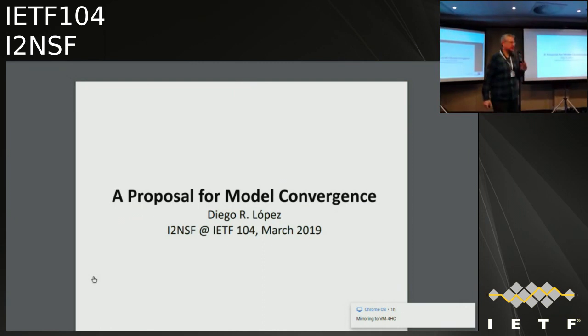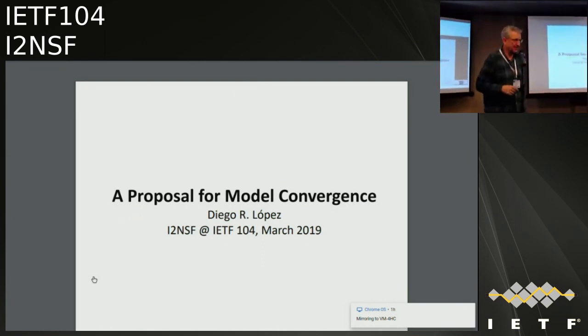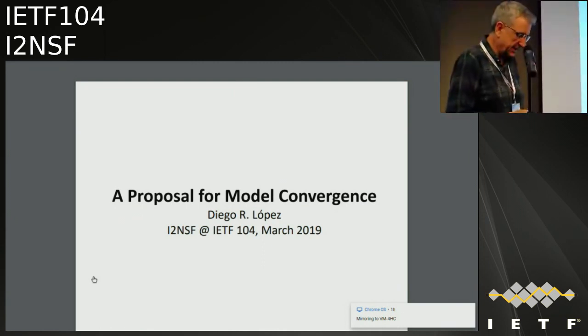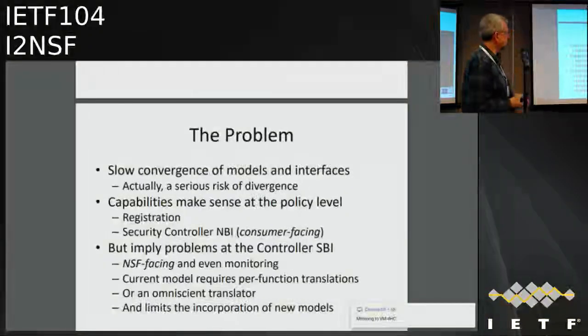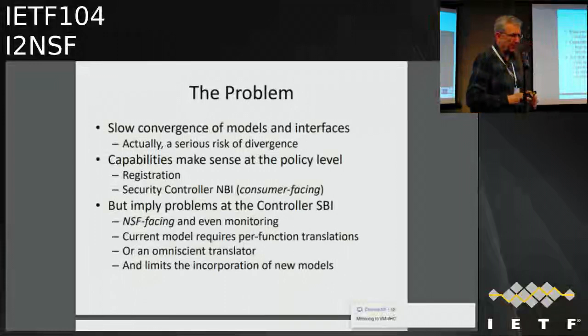It should be easy once Paul has done all the job. Basically, the idea simply is... well, we have the problem that we have a slow convergence of models and interfaces.